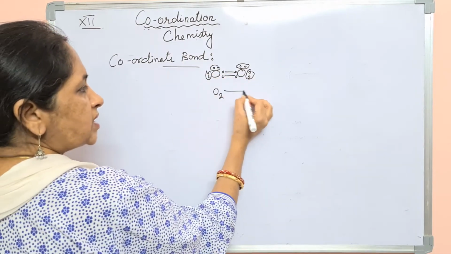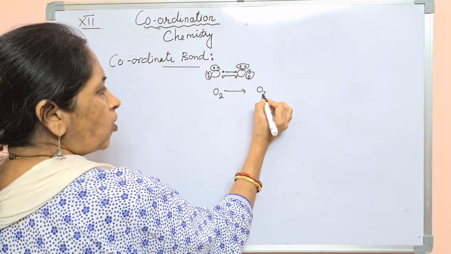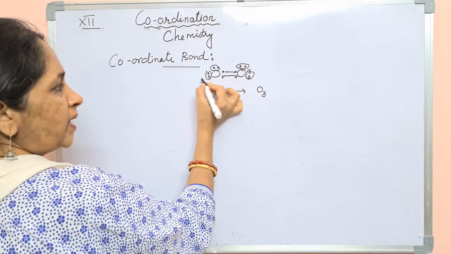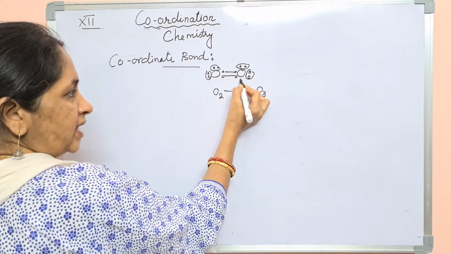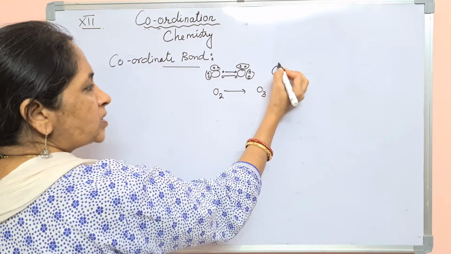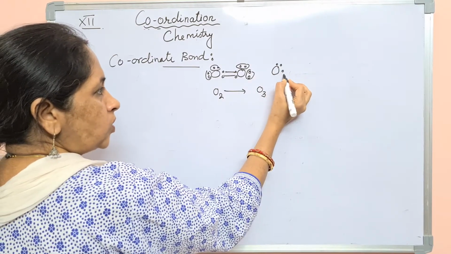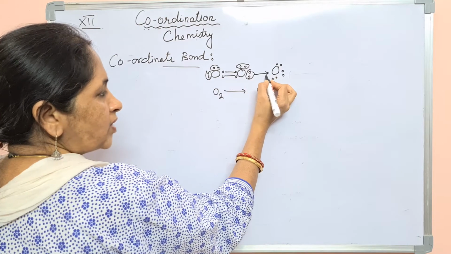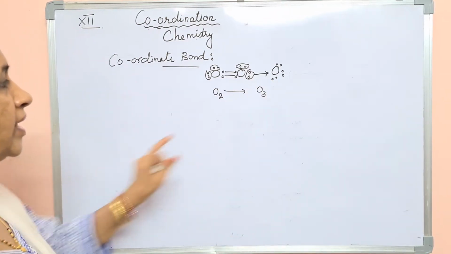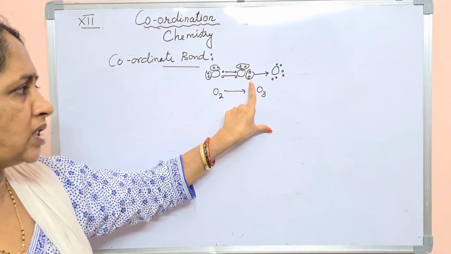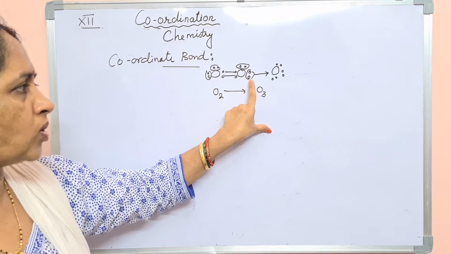So when this oxygen is going to form ozone, what happens? This lone pair of electrons from any oxygen atom, either this one or this one, can be donated to the third oxygen, where also 6 electrons are present. For example, this pair of electrons is donated from this atom to this atom, and this donation is only for sharing.